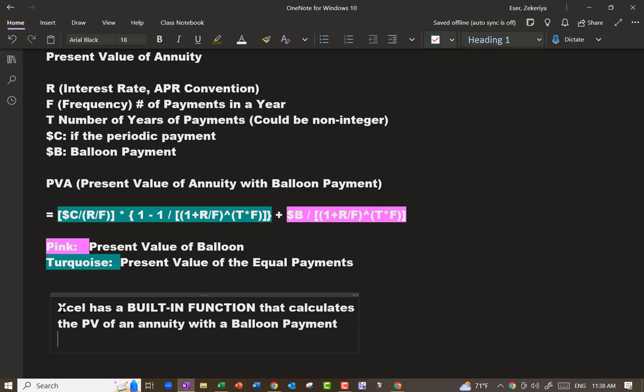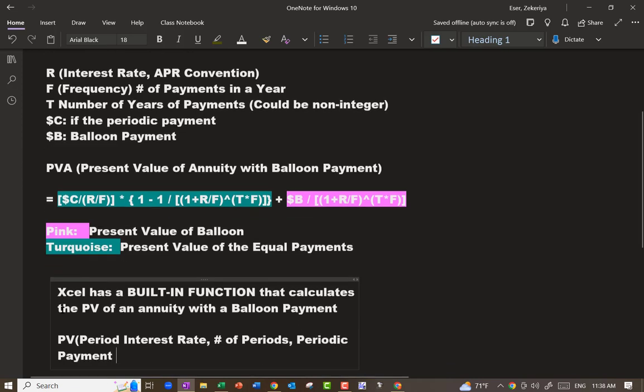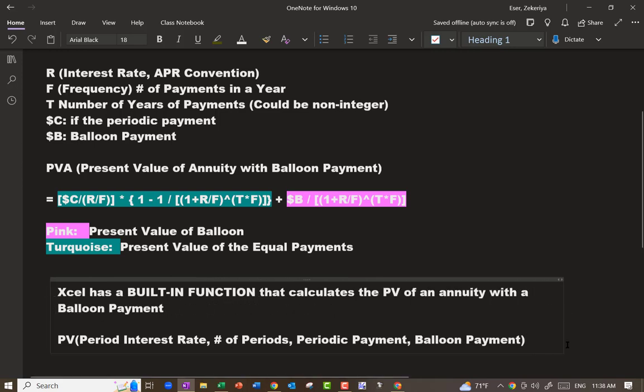The first one is the period interest rate, number of periods, periodic payments, and balloon payments. That last argument is actually optional. If you don't include it, it's assumed that it's zero. Right? There's even a fifth argument. It's the annuity type, but we're not going to deal with that.